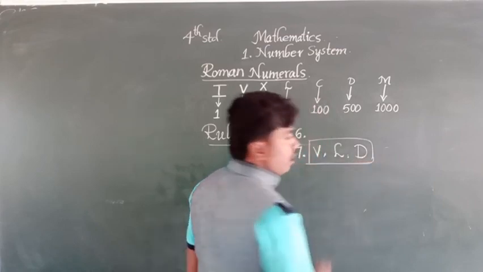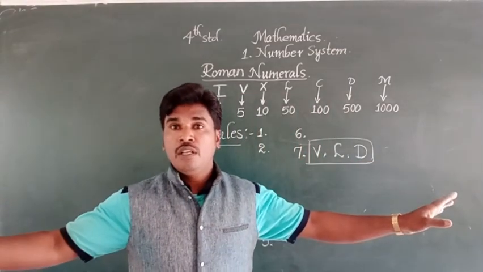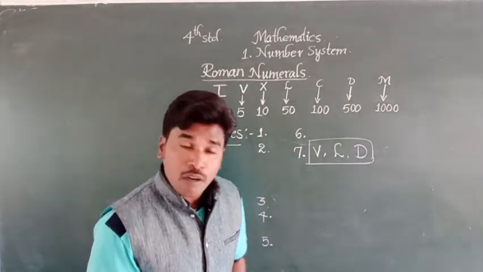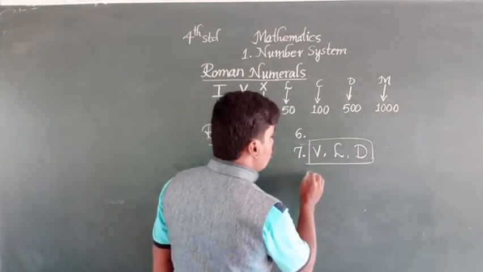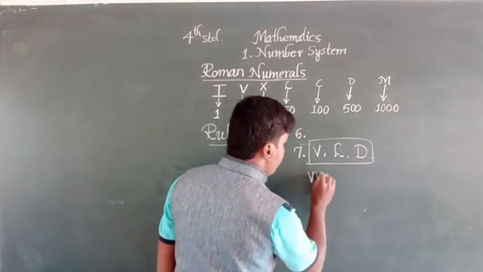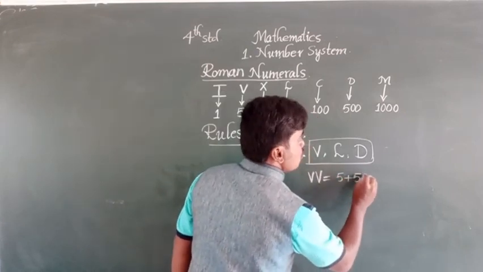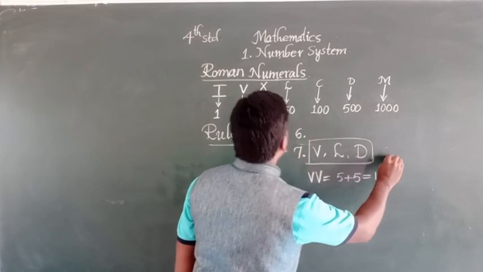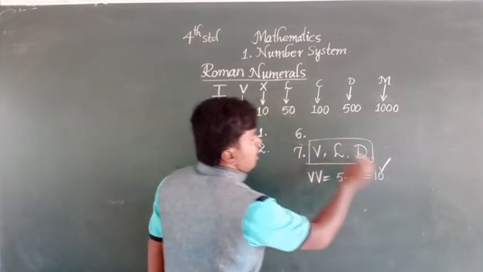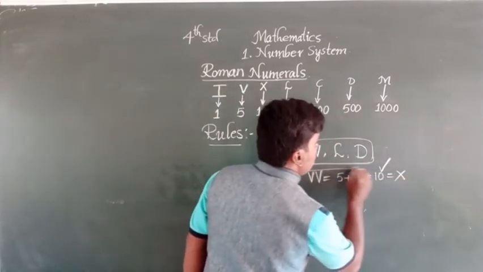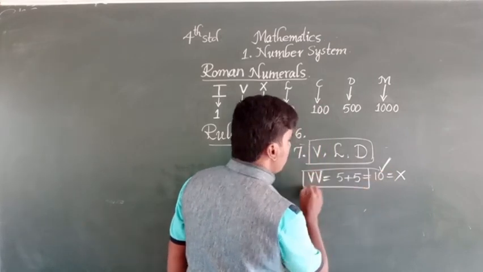More than one time should not be used. This is the rule. Why? Because if you use V two times, it may indicate 5 plus 5. Is it 10? For 10 we have another symbol, X. So it is not possible.